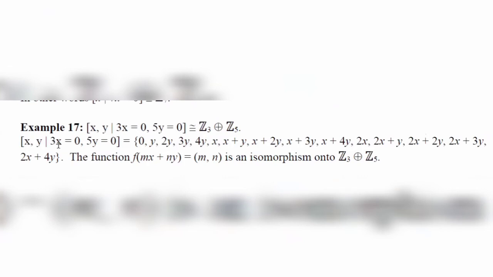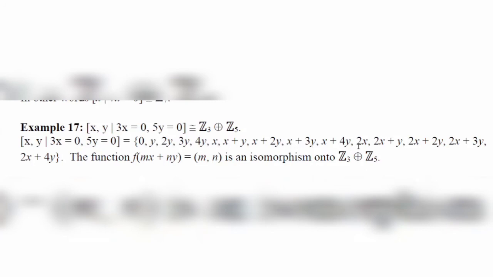We write up to 2x because we are concerned with Z mod 3. And here we can generate relations up to 4y because we are concerned with Z mod 5. So 0y, 1y, 2y, 3y, 4y. Here we are taking our x as 0, and next it is x plus y, x plus twice y, x plus thrice y, x plus four times y.